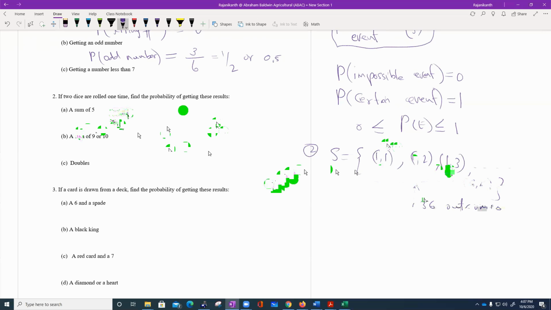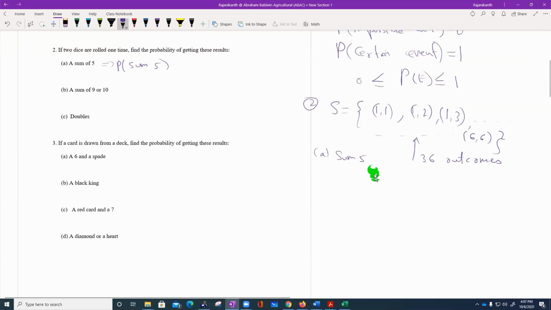So the probability of getting sum 5 from both dice, right? So that means you have to look for getting a sum of 5. What are the possible numbers you may get? You may get 1 from the first die and 4 from the second one, or you may have 4 and 1, or 2, 3, or 3, 2.